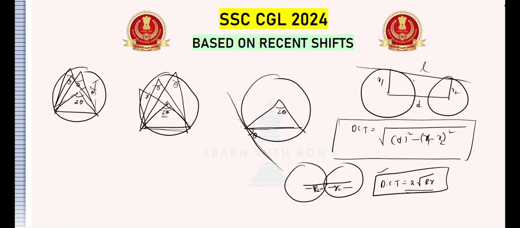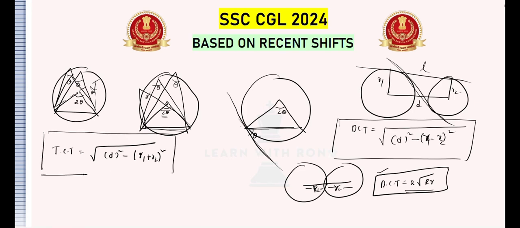Similarly, for the transverse common tangent length, the formula is the square root of d square minus (r1 plus r2) whole square. Try to remember this. When 2 circles touch each other, there is no transverse common tangent, so its length is 0.